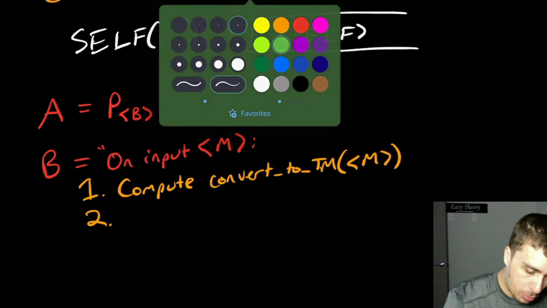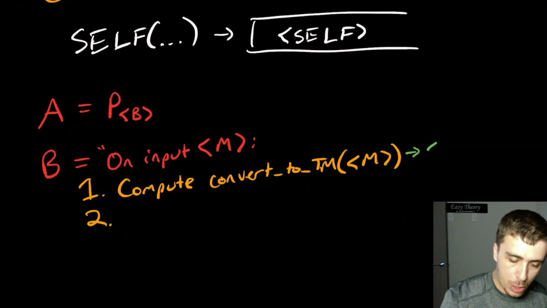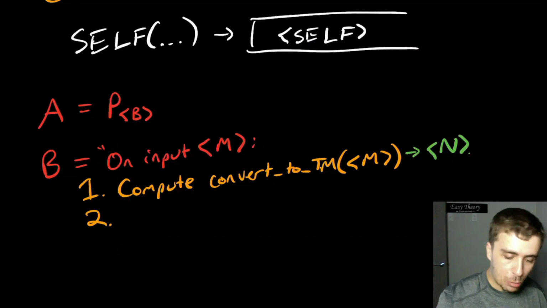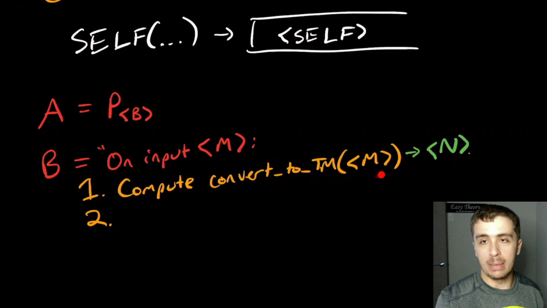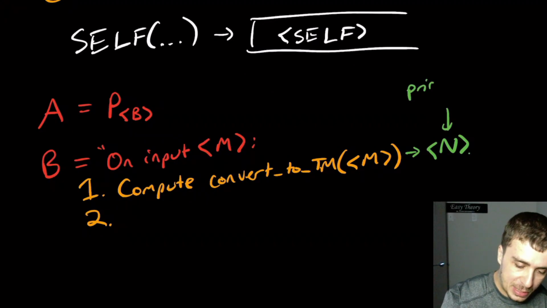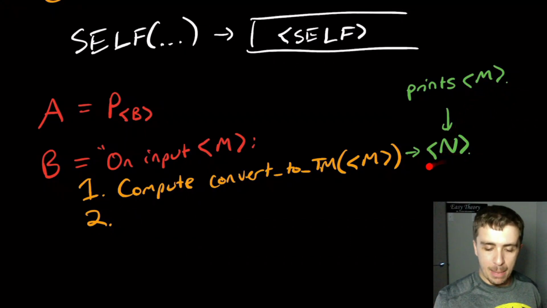Okay, so how is that going to work? So let's call this thing N. So N is the result of converting the description into a machine that prints the description of M. So the machine N prints the description of M, but it itself is its own description.